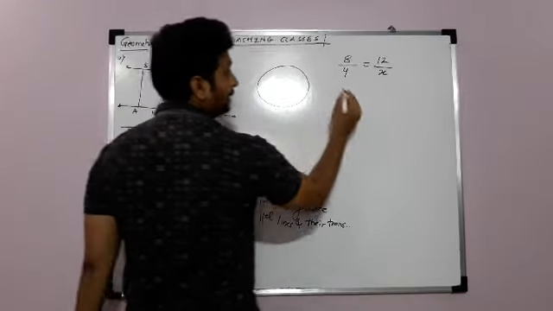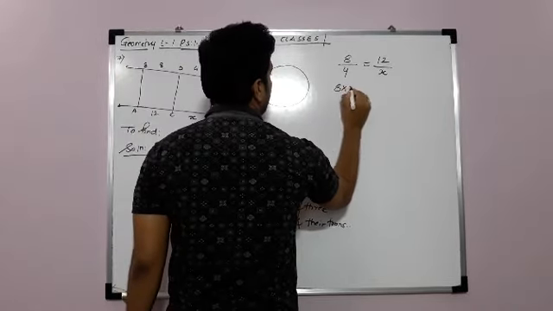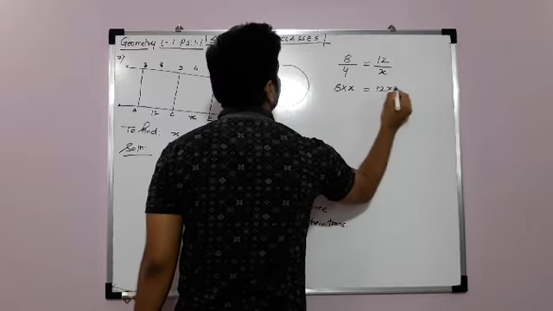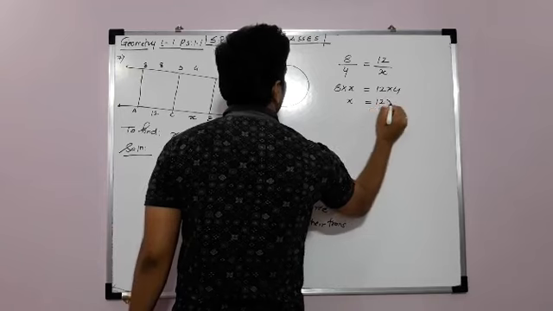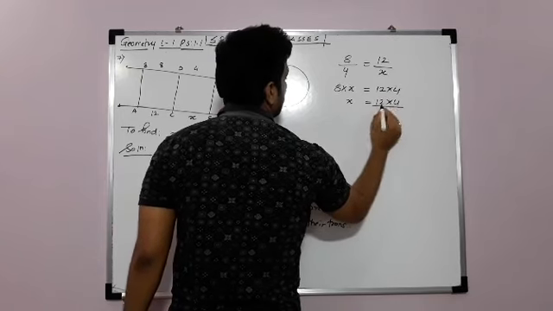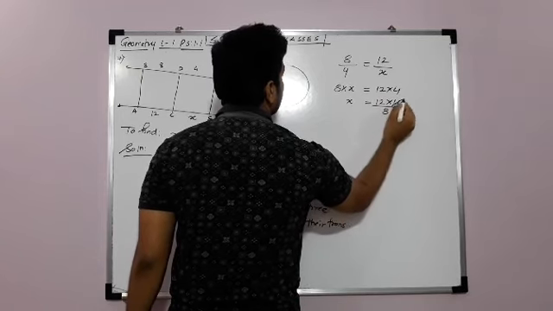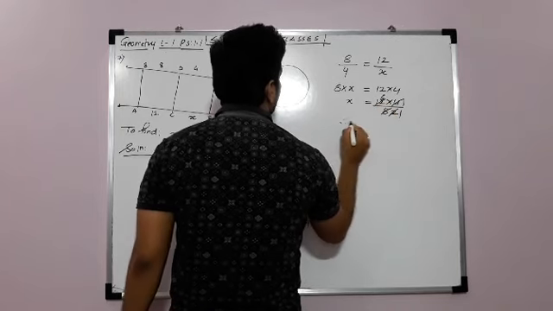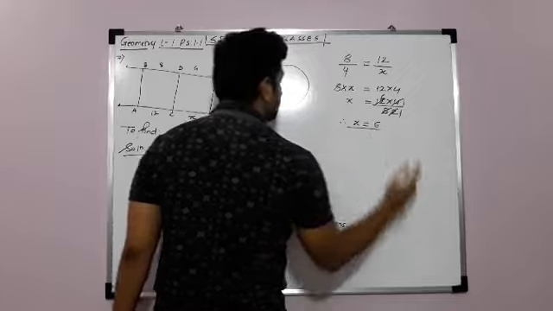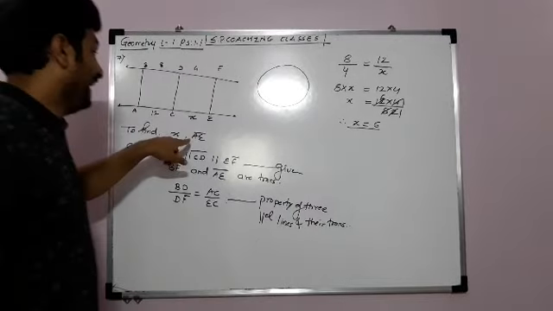Cross multiply, guys. So the next step will be 8 into x is equal to 12 into 4, so x is equal to 12 into 4 upon 8. Then reduce it. 4 ones are 4, 4 twos are 8, 2 ones are 2, 2 sixes are 12. So finally what is x, guys? It is 6 units. And then we have to find AE also.